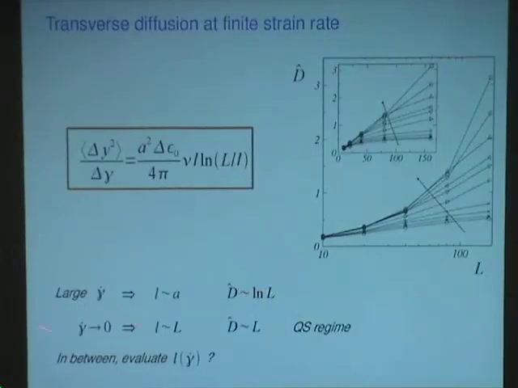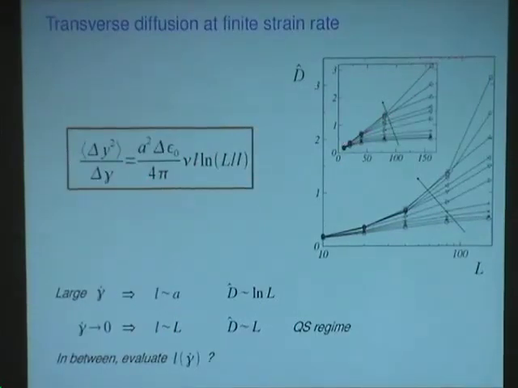Now, if you go to a very low strain rate, we recover the quasi-static limit, and we saw that in the quasi-static limit, we know that the avalanche size scales like L. Then we recover a diffusion constant which also scales like L, which explains this result here.